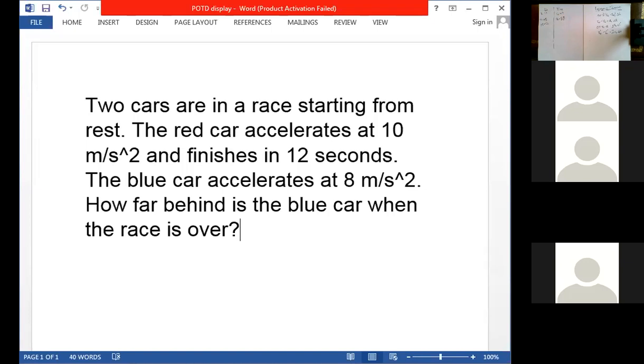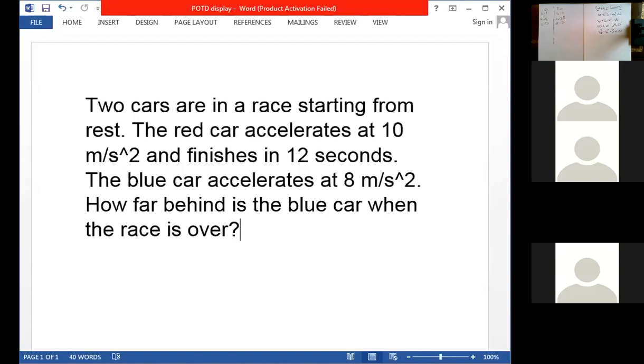What's the last given for the blue? I think we got the same time, 12 seconds. Yeah, it's the same amount of time, right? The race lasts until somebody finishes, and the race is over in 12 seconds for both. So we'll put 12 seconds there for the blue car as well, because we want to know how far it's going to go in that 12 seconds.